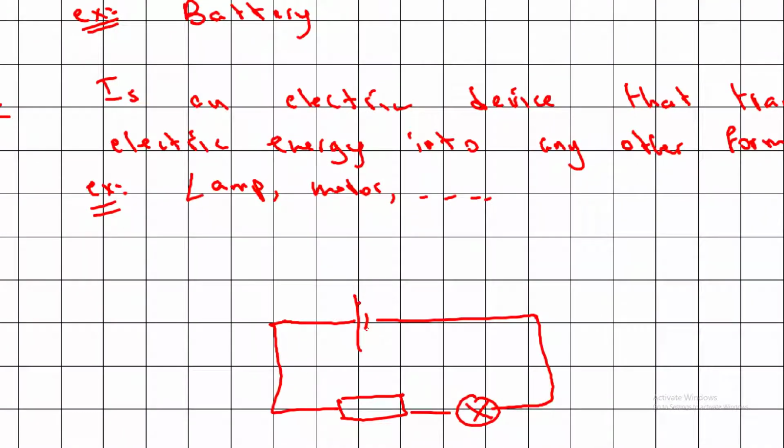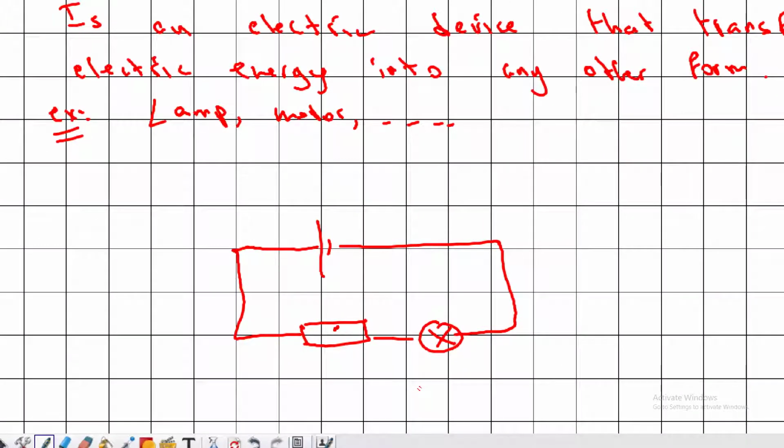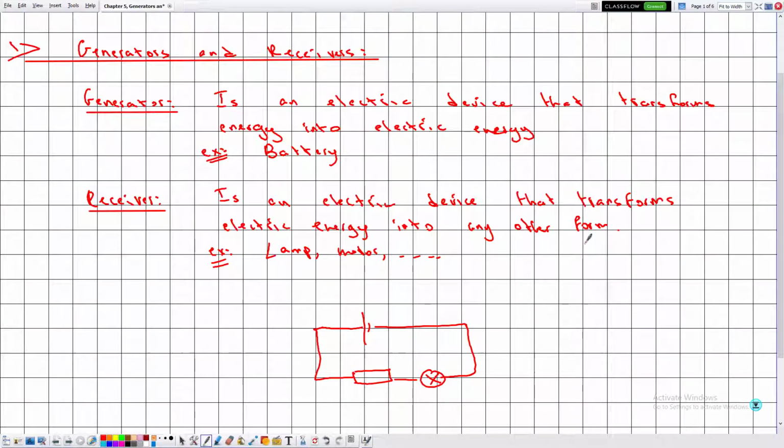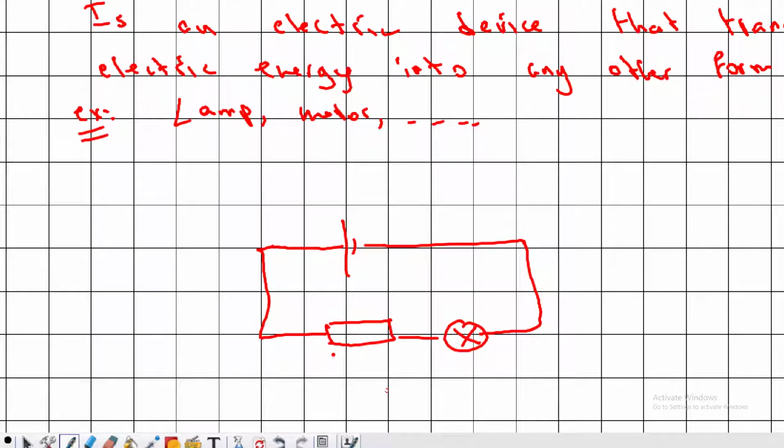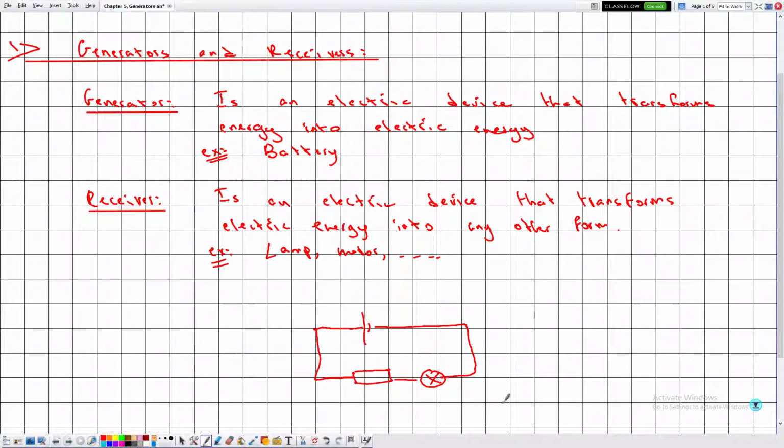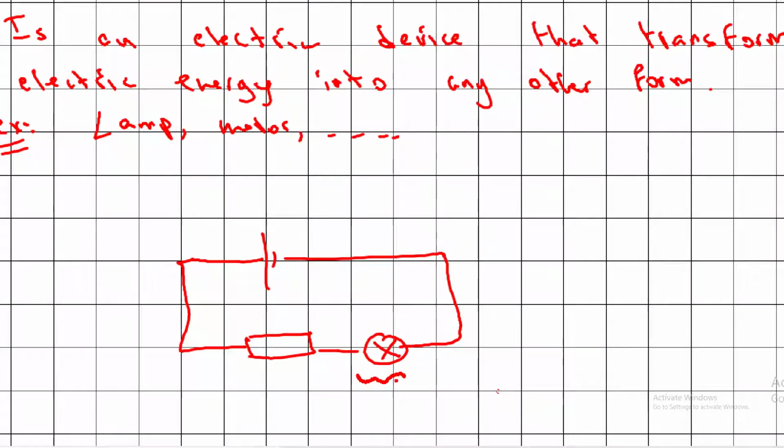The battery is the one which is delivering the energy. It's transforming chemical energy found in the cell into electric energy. The resistor and the lamp are receiving this electric energy and they are transforming it to another form. The resistor is transforming this energy into thermal energy. The lamp is transforming this energy into light energy and thermal as well.